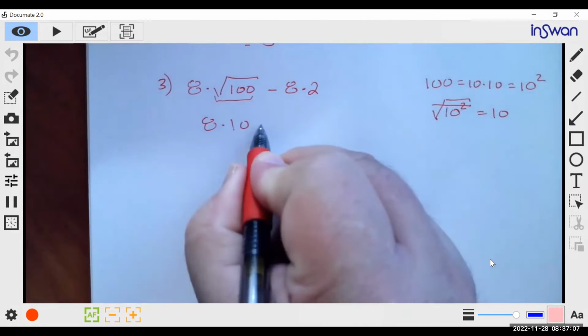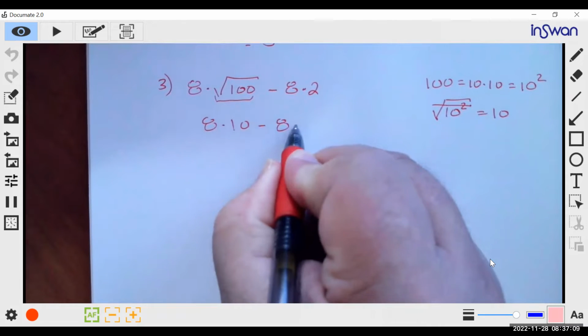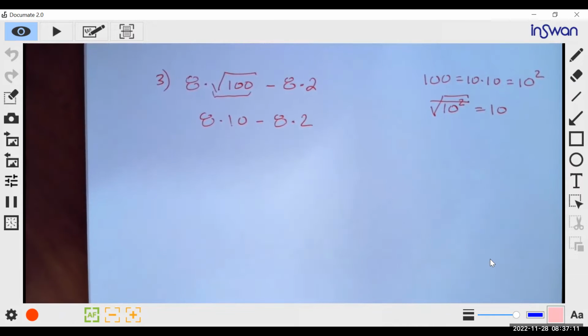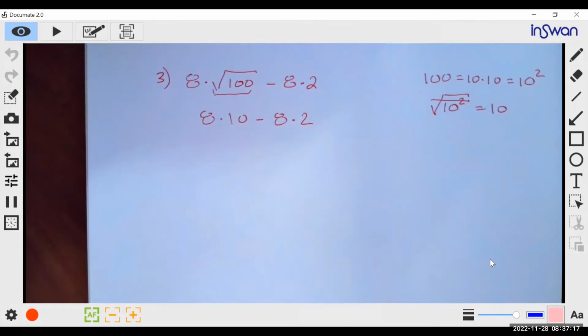8 times 10 minus 8 times 2. Now what do you do? Are there any more special operations? No. So what's next after special operations?